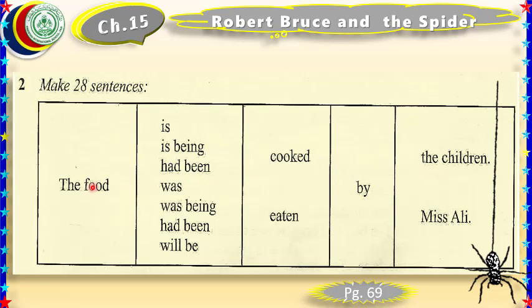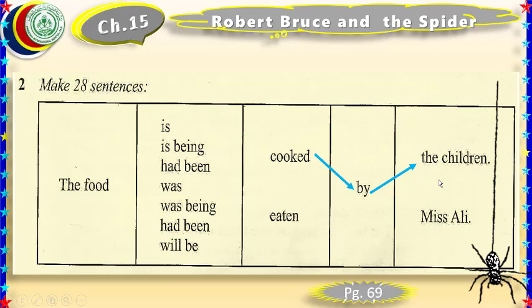Fourth sentence will be: the food was cooked by the children. How are we making sentences? If we look, we are joining cooked with by, and then after by we are writing the children. Do you understand?